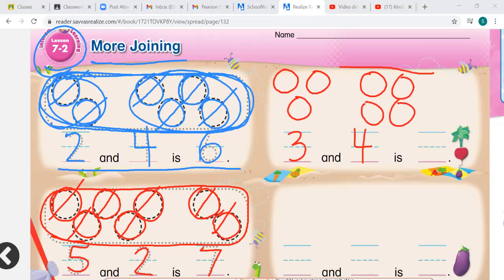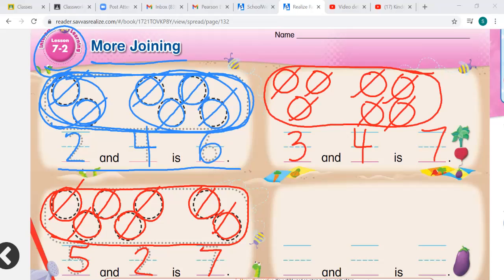We need to join these 2 groups together, and let's count them. 1, 2, 3, 4, 5, 6, 7. We have 7 radishes in all. So 3 and 4 is 7.